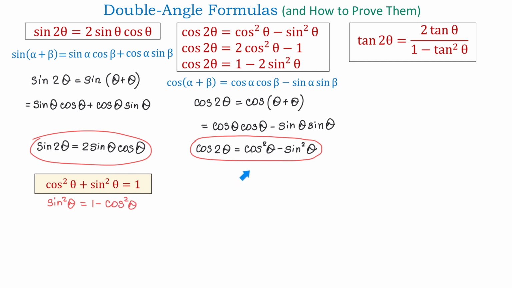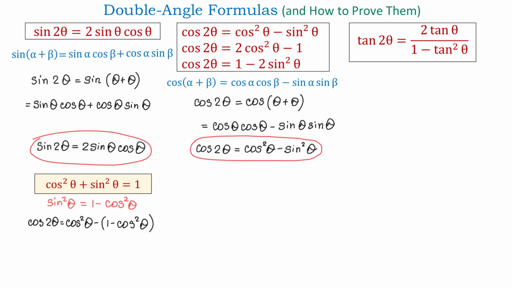Now, in this formula, let's replace sine squared of theta with 1 minus cosine squared of theta. Then we will have cosine of 2 theta equals cosine squared of theta minus parenthesis 1 minus cosine squared of theta.